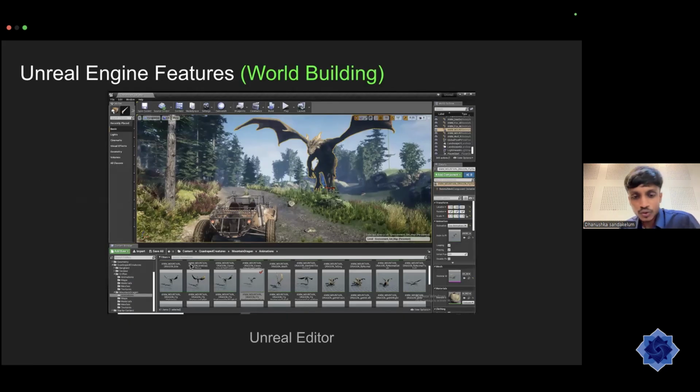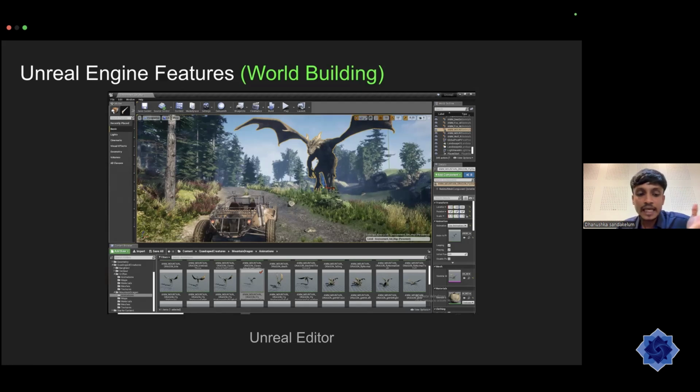You can add your 3D assets within this engine and manipulate their behaviors, right? For example, you can see this dragon character has been added as an asset to this engine, and you can place it anywhere. And you can design your level, right?